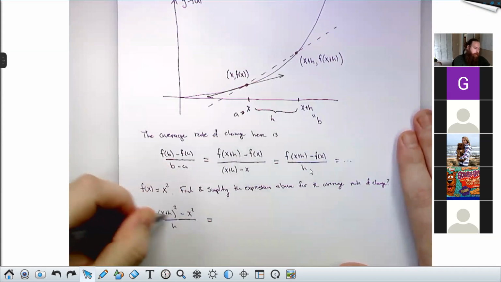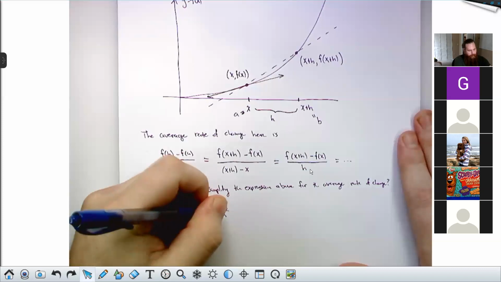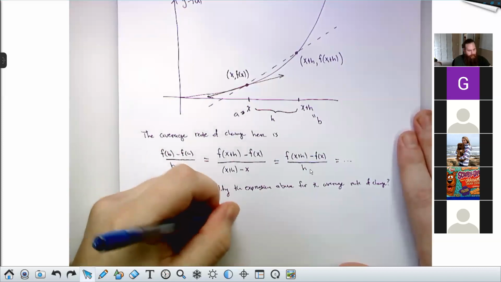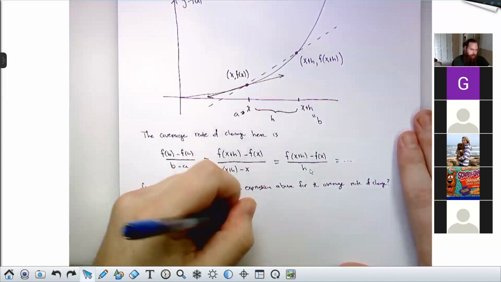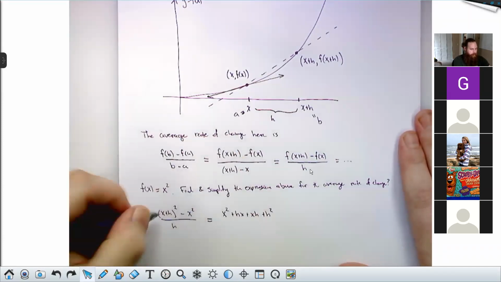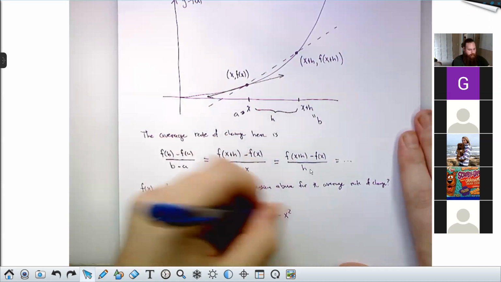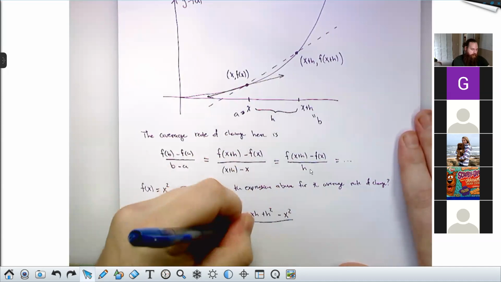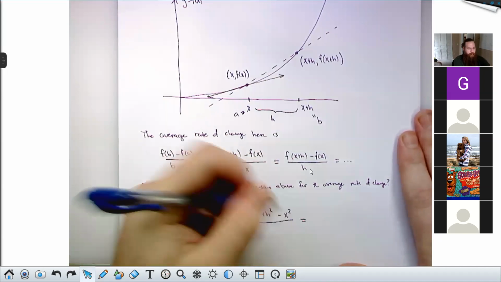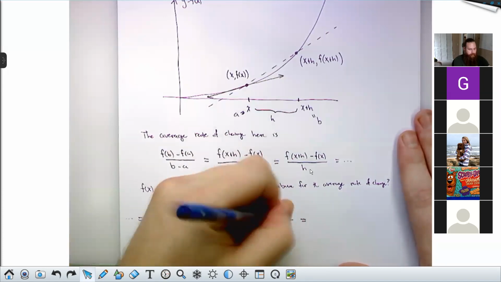And you would need to FOIL this out. That would be x squared plus hx plus xh plus h squared, that's this first piece, minus x squared over h. You'll see it's the same sort of thing you were doing with the a plus h's in the last homework. The x squareds cancel.